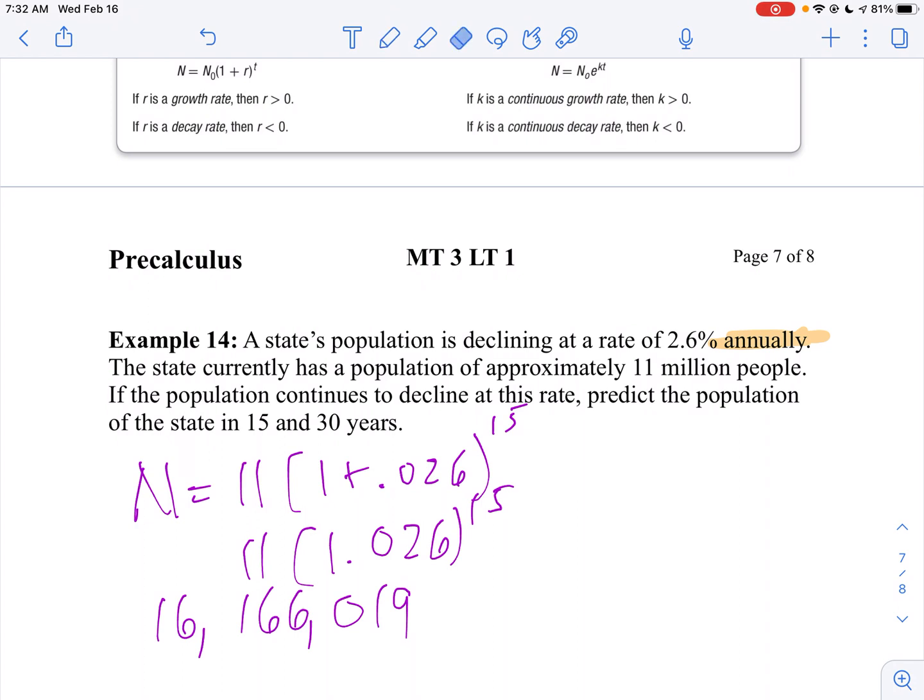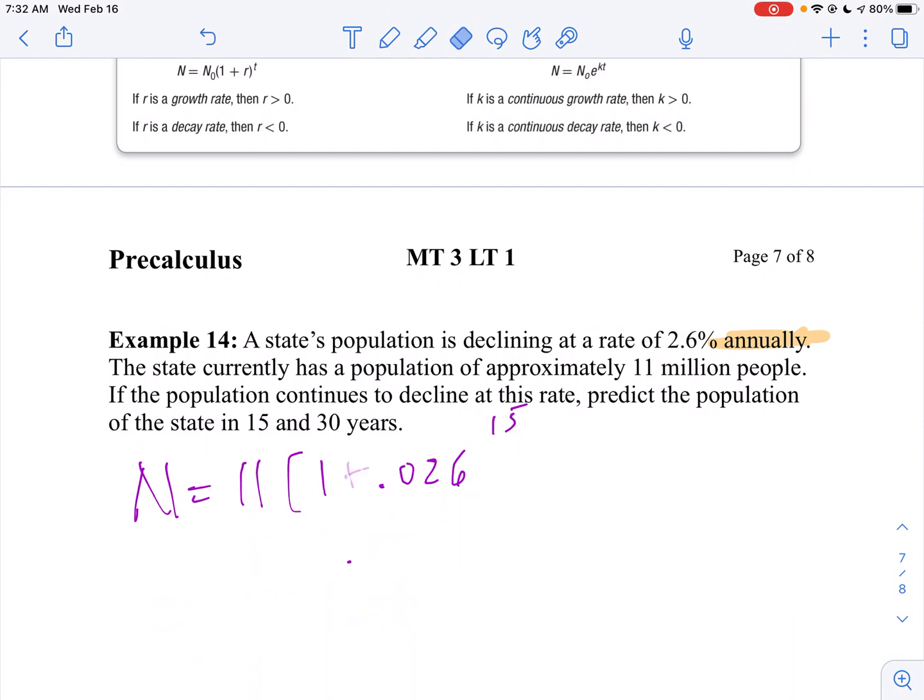Darn. Well, we got a little practice. So let me erase this, and I want to change this to a minus. So we take 1 minus 0.026. I get 0.974.